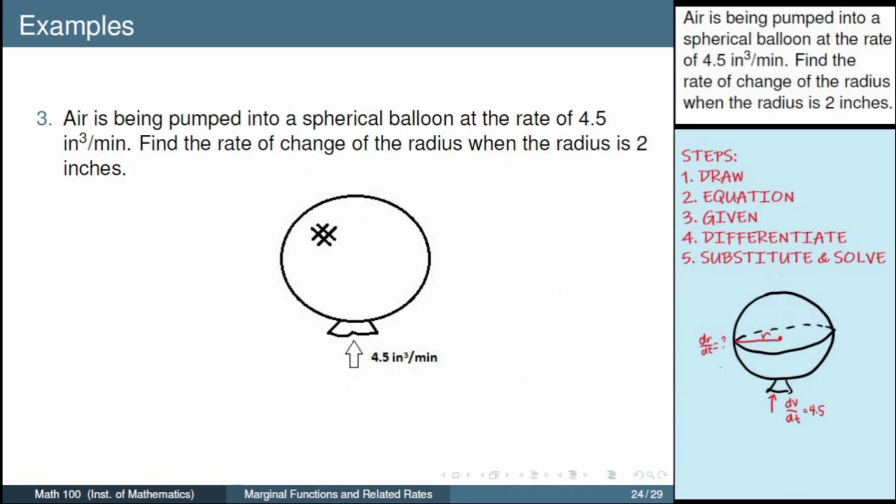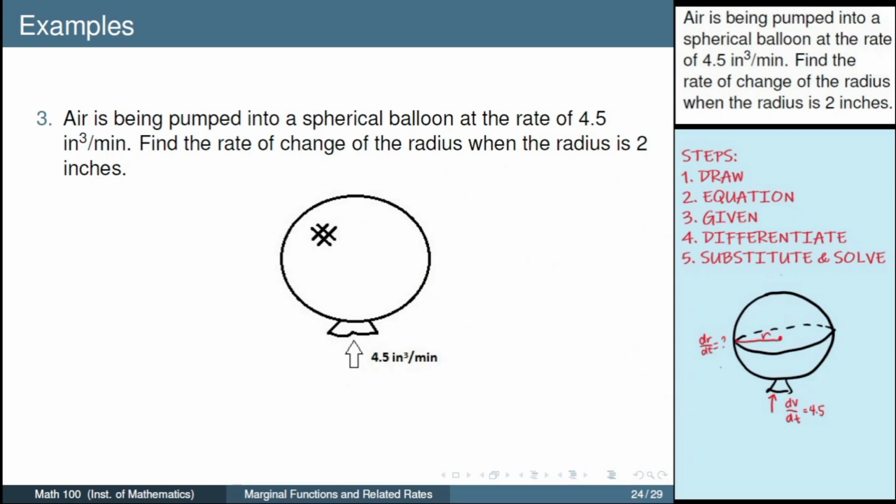Number 3, air is being pumped into a spherical balloon at the rate of 4.5 inches cubed per minute. Find the rate of change of the radius when the radius is 2 inches. Okay? So, analyze the problem first. Okay? So, ito yung illustration natin sa problem.